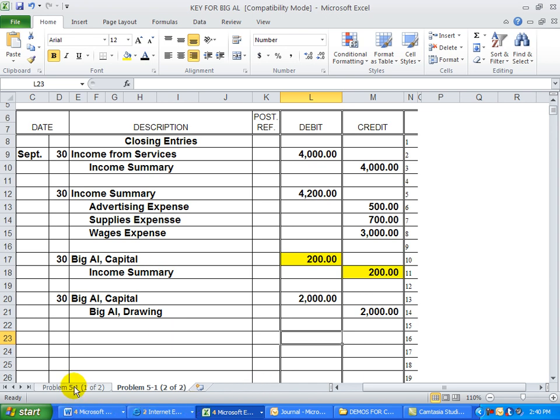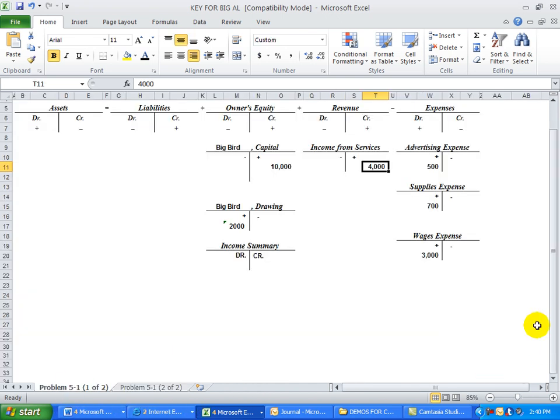Okay, I'm going to go back and put these in the accounts now. So if we debited income from services for $4,000, we would put this here. And now looking at this, these two match, so they're closed. And we would go to income summary and put that $4,000 over here. Stick a comma in there just to make it more readable.